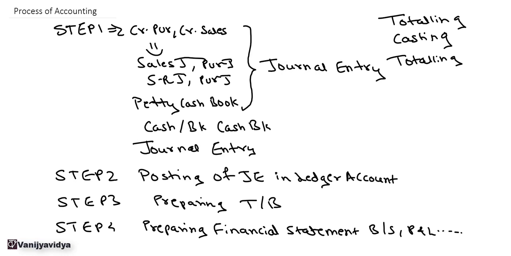Then what all errors can be there? In case of journal entry, the entry may be posted for the wrong amount. Then a journal entry can be posted wrongly. For example, when an asset is purchased, instead of asset account, expense account is debited.